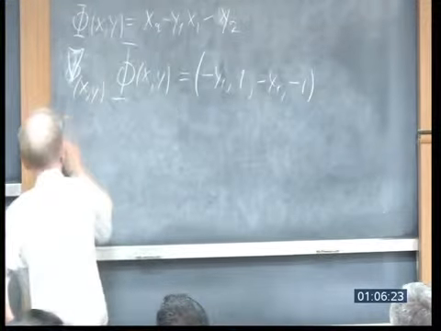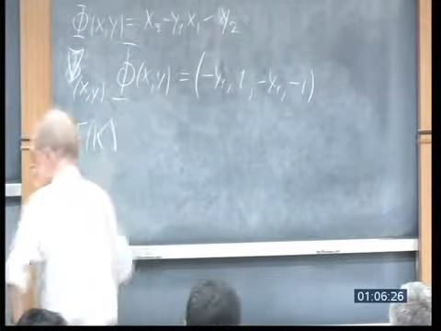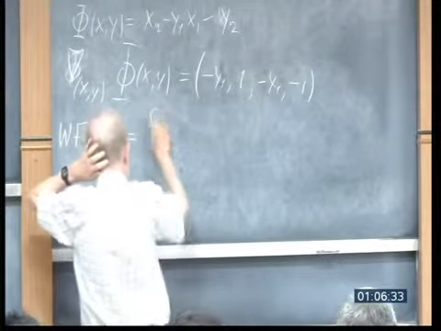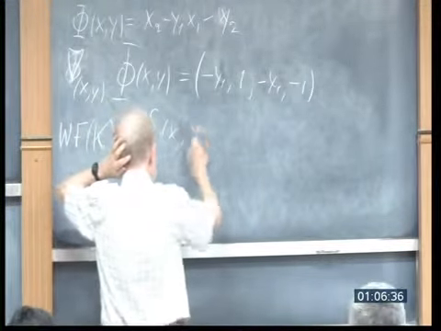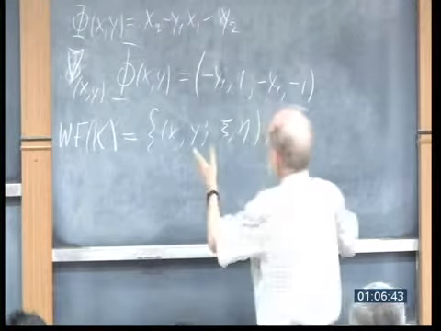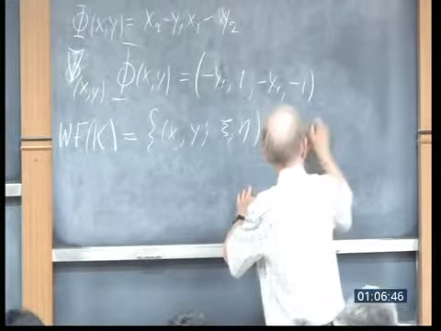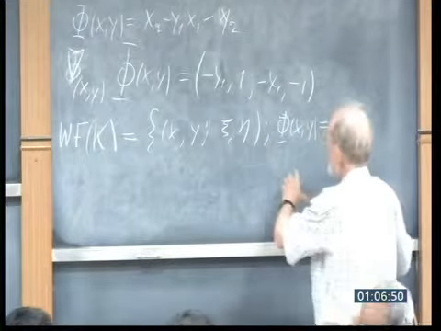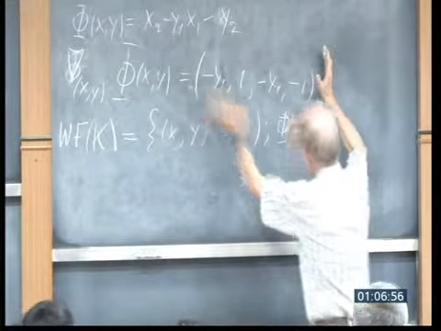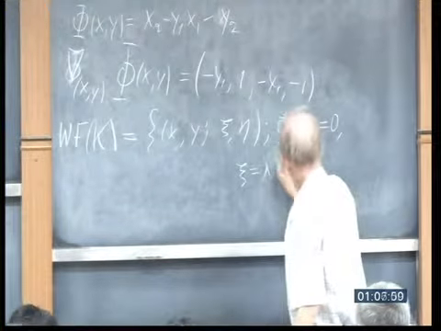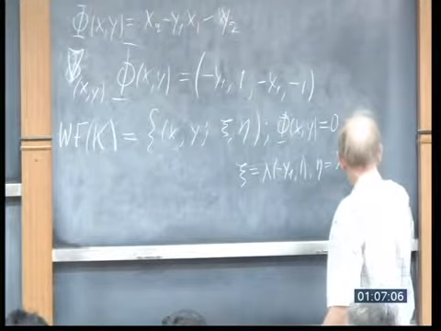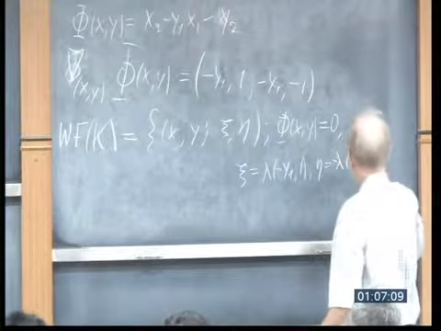So the wavefront set of K consists, it's now 8 variables, 4 plus 4 variables, precisely of the points (x, y, xi, eta) where phi(x,y) equals 0 and (xi, eta) is a multiple of that gradient. Namely, xi equals lambda times (minus y1, 1), and eta equals the same lambda times (minus x1, minus 1).